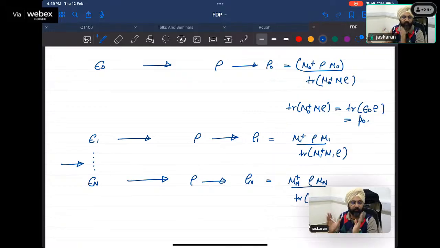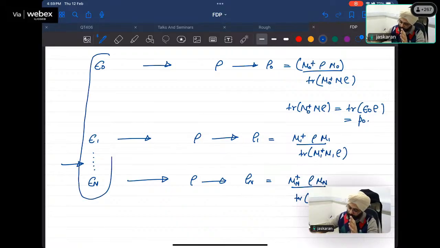You don't have any information about whether E1 or E2 clicked in the first round of the experiment. You have lost that information. However, you only know that these were the possible outcomes: E0, E1, En, and so forth. Moreover, you know that on average the state update corresponding to each of these outcomes is given by these rules.